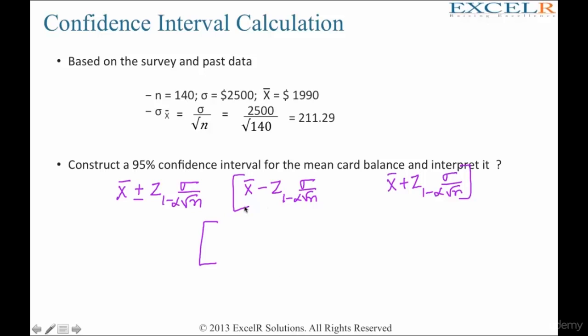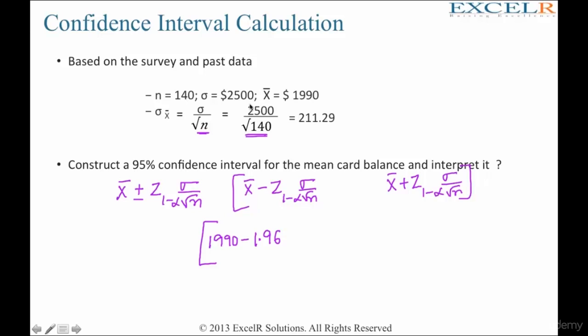X bar is given to us as $1,990, so 1990 minus Z value at 95%. 1 minus alpha here is 95%. So Z value at 95% is what we have already solved as 1.96. And you multiply it by sigma over square root n. Sigma over square root n is already solved here for us.